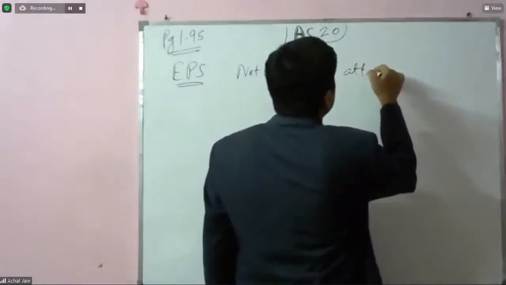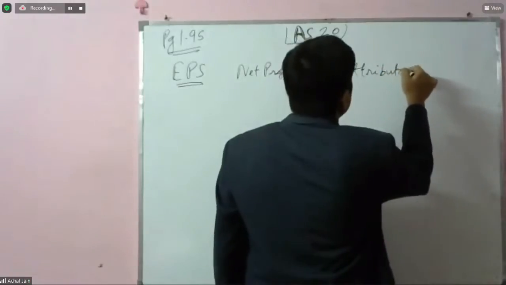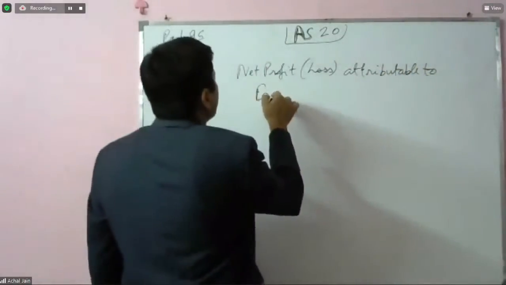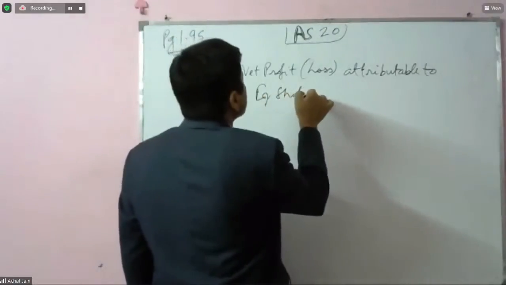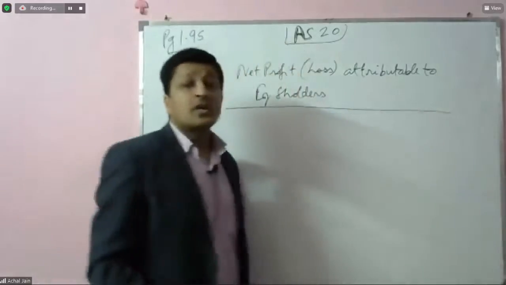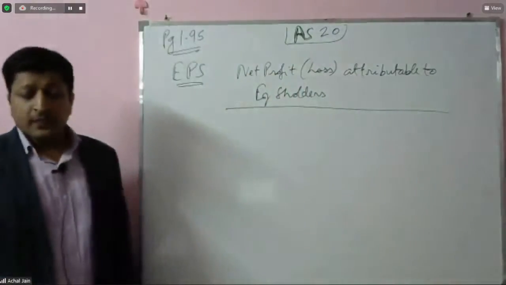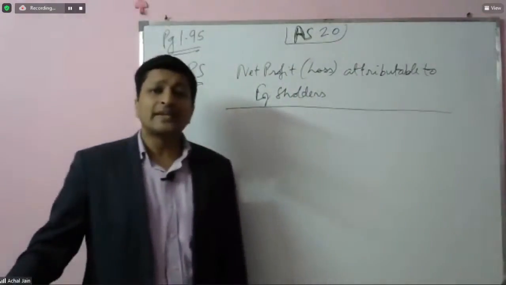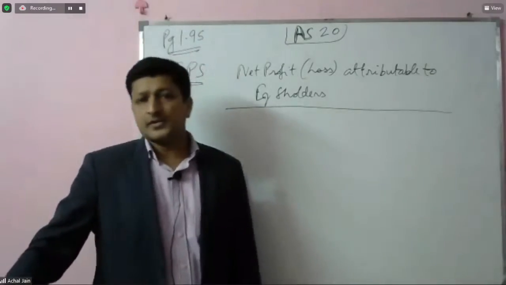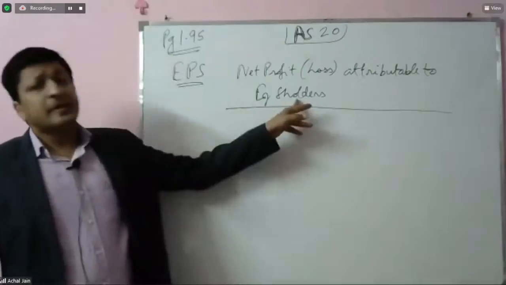Attributable to equity shareholders. Why are we saying equity shareholders? Because we are checking this entire computation only for the owners of the company. And who are the owners of the company? Equity shareholders. Preference shareholders will not be forming part of this.